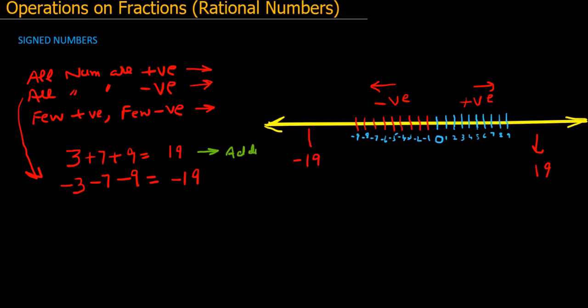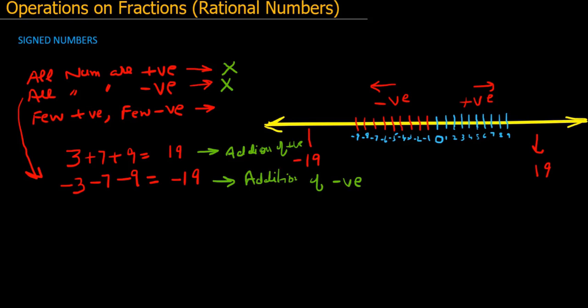So addition of positive numbers. And what is this? This is also addition, but addition of negative numbers. So as you can see, these 2 cases are gone. You have already understood how to handle all positive and all negative numbers.